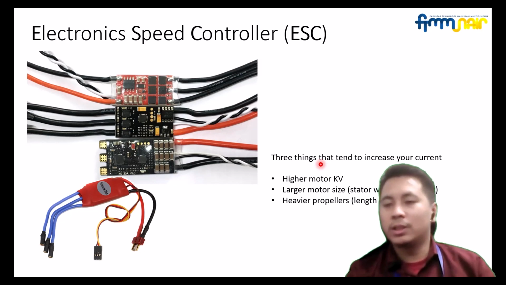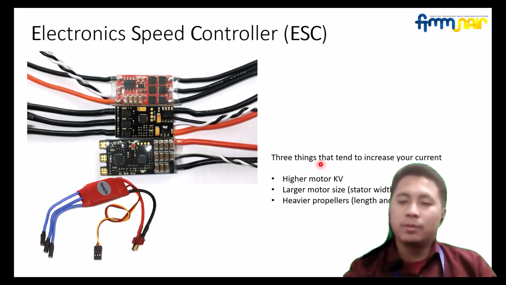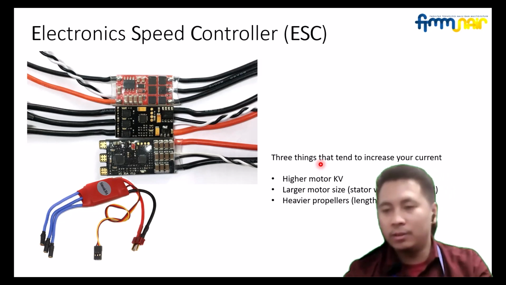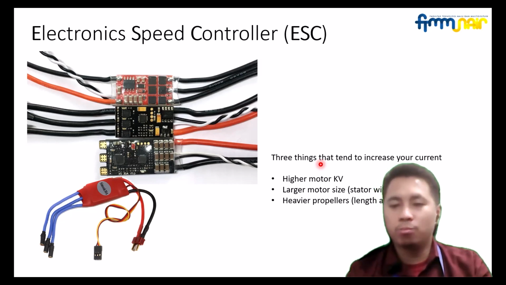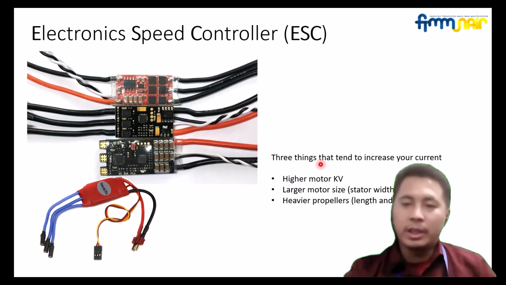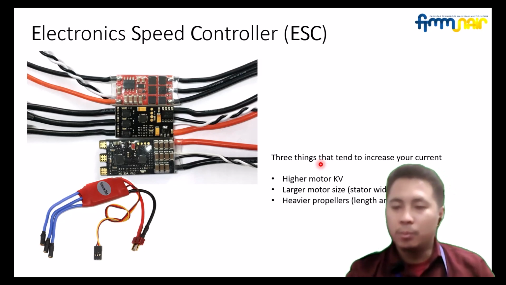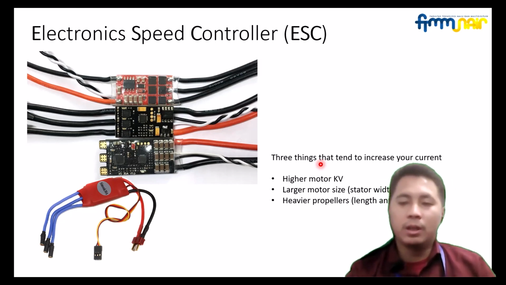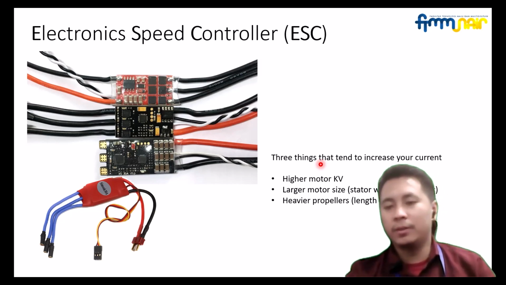So you have three things that tend to increase your current. First is a higher motor kV. When you have a higher motor kV, you have to put in an ESC that matches the current of the motor. A larger motor size will create higher amperage.